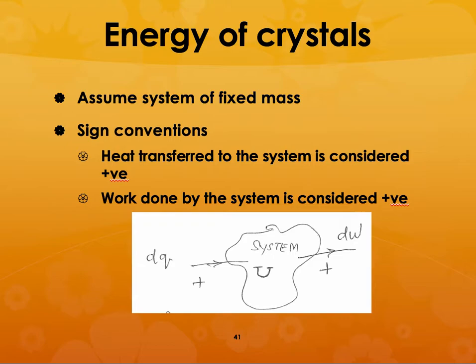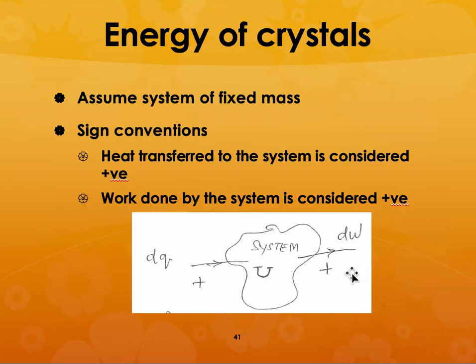So if you assume that the system is of fixed mass, if you transfer heat to the system, it is considered to be positive, and the work done by the system is considered to be negative. So you have certain input dq and a certain output dW.